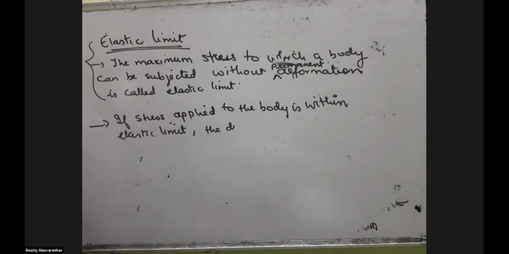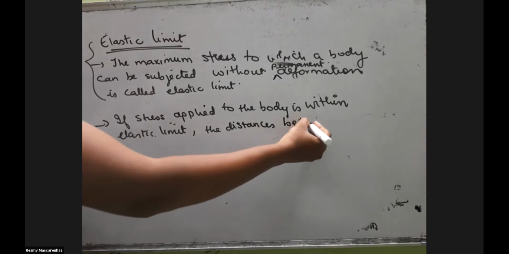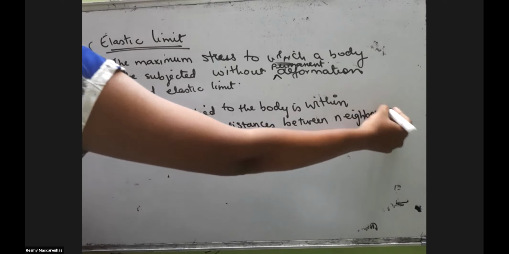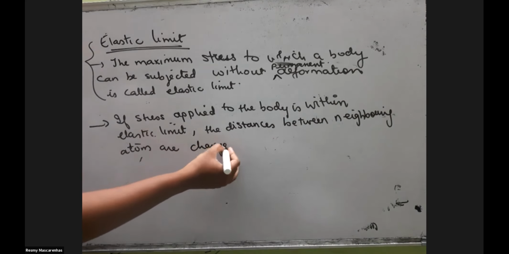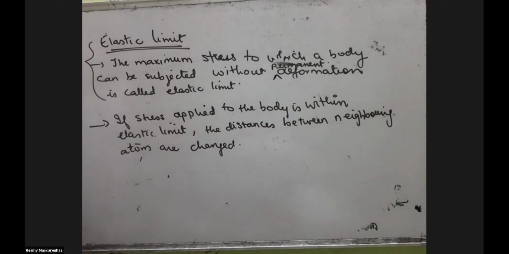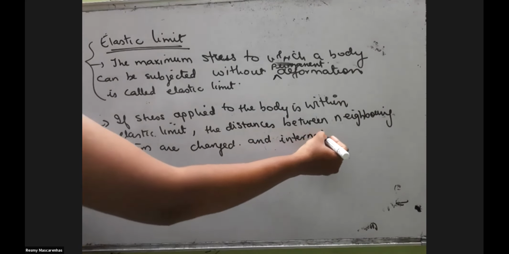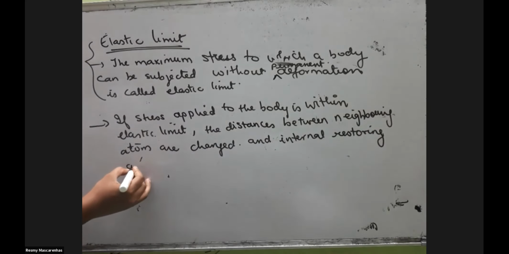If stress applied to the body is within the elastic limit, what happens is the distances between neighboring atoms or molecules are changed and internal restoring forces are set up.